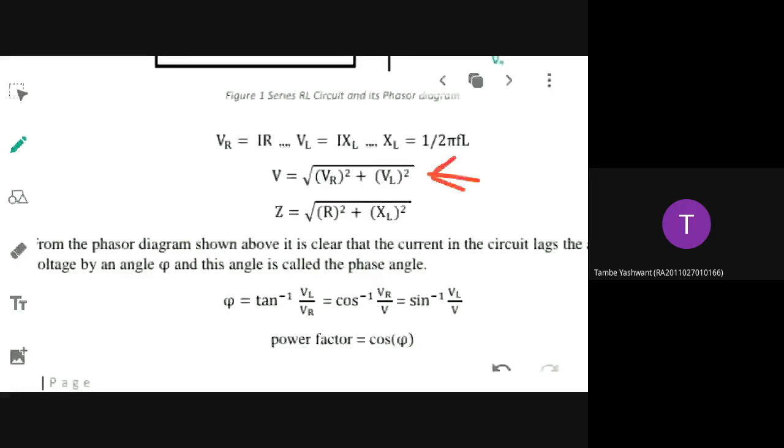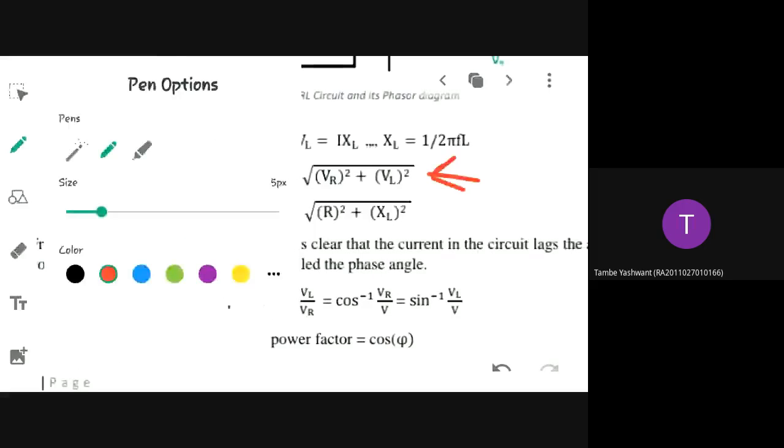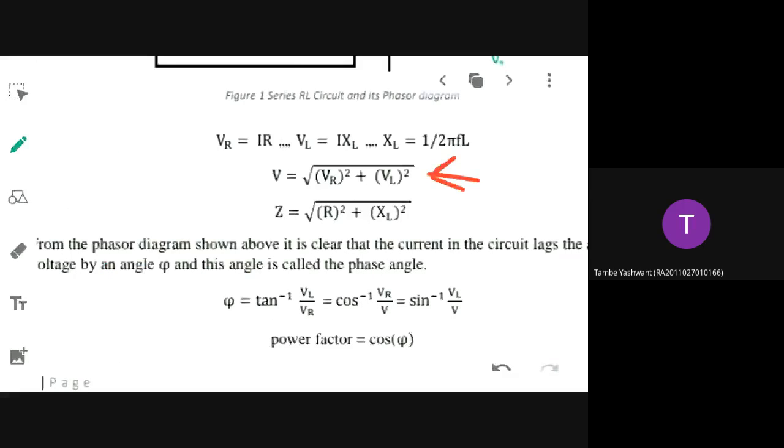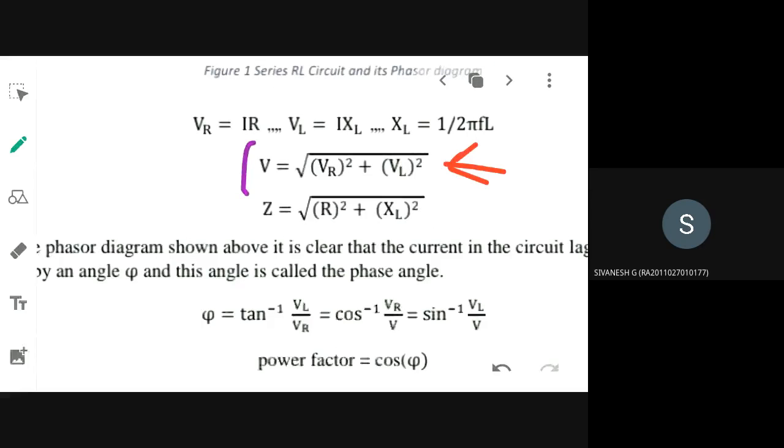The total voltage is the square root of VR squared plus VL squared.